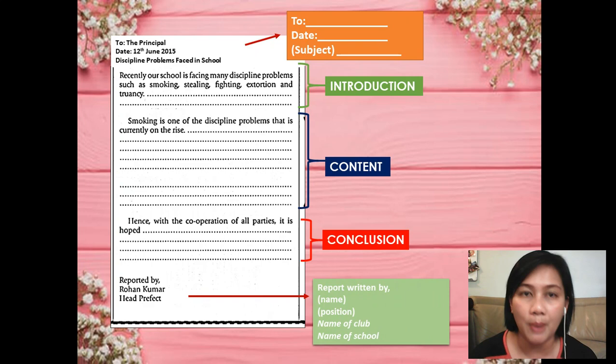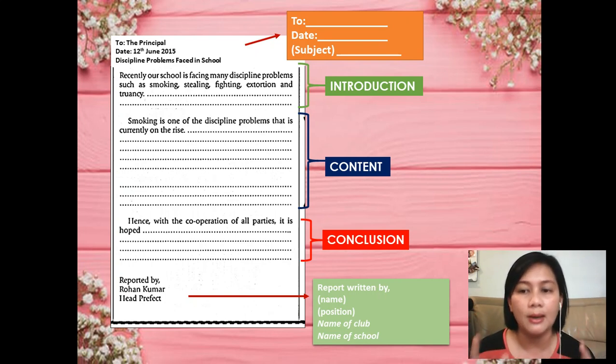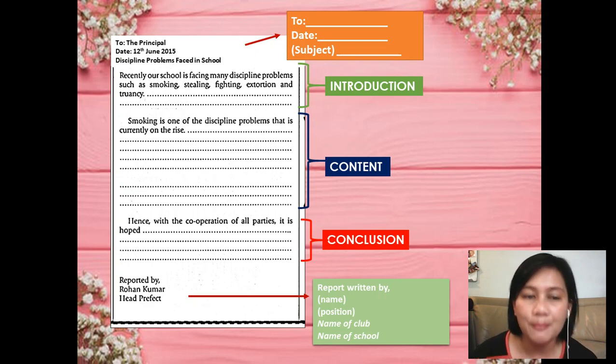But in report writing, you need to write 'report written by', okay, your name, and then what is your position in that committee or that club. For example, Olivia, chairman of what club, chairman or secretary, English club, SMK Bintulu.